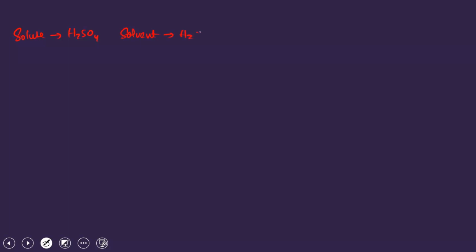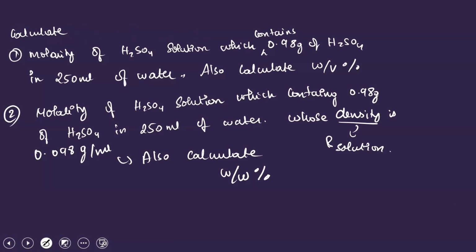Only for the first question I am doing it in such a detailed manner. Then what have they given you? They have taken 0.98 grams of H2SO4 in 250 ml of water. Correct? So just change this as 250 ml of solution.